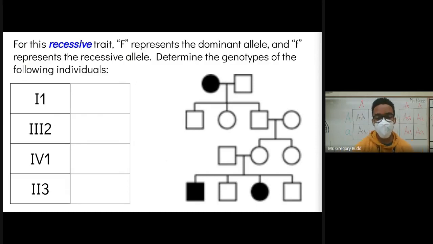We're looking at that very first circle, the shaded circle at the top of the pedigree. So yeah, of course, that person is affected. When we see a shaded individual, that means affected. So if they are affected by a recessive trait, what is their genotype? Two lowercase letters. They have 2 recessive alleles. So 2 lowercase f's in this case.